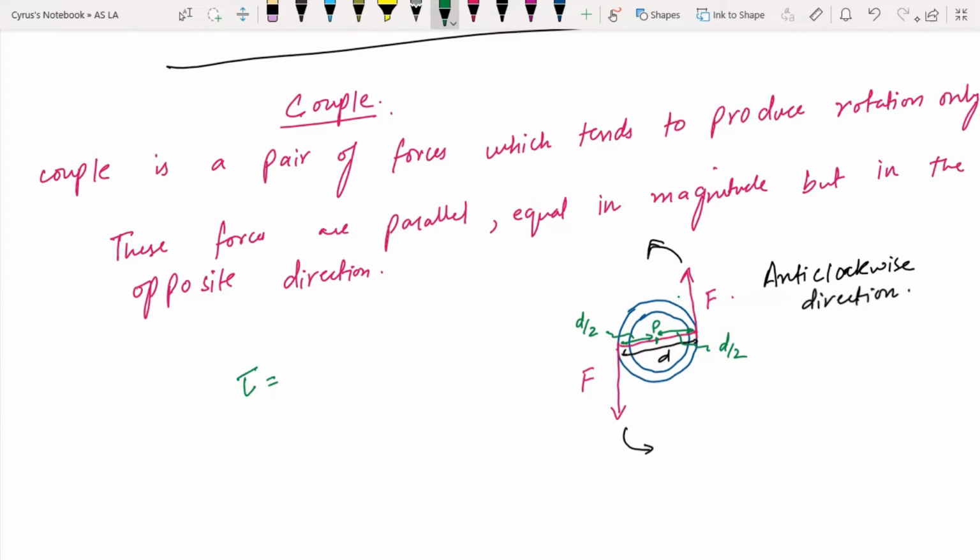ठीक है. If there are more than one forces involved, then if you add different moments, that becomes torque. I'm going to write the definition as well. So this is F times d by 2 plus, here again we have force F. ठीक है. ये डिस्टेंस था d by 2, ये डिस्टेंस भी d by 2 था, and you get Fd by 2 plus Fd by 2.